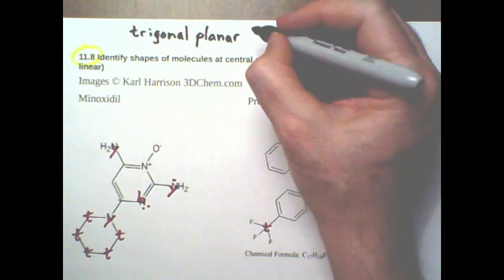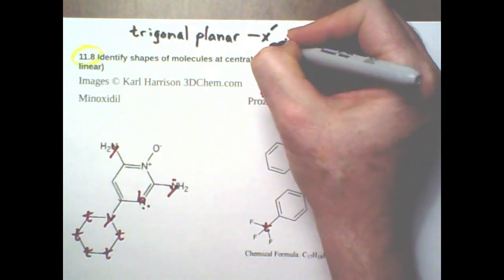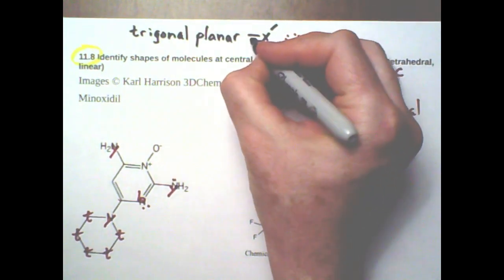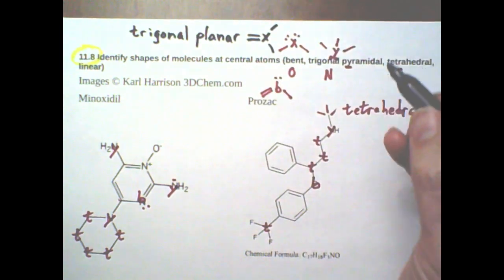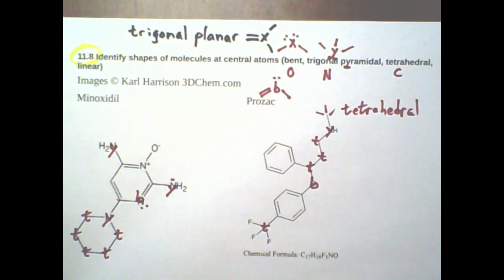And that's going to happen if we have 3 bonds going into the center with no lone pairs. It can also happen, as we will see more commonly, if one of those is a double bond. So we're looking for things that have 3 things attached, and one of them is attached by a double bond.